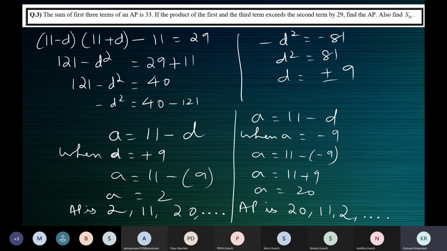So tell me, class, S10 for the first case, S10 for the second case. Ma'am, S10 equal to 425, ma'am.